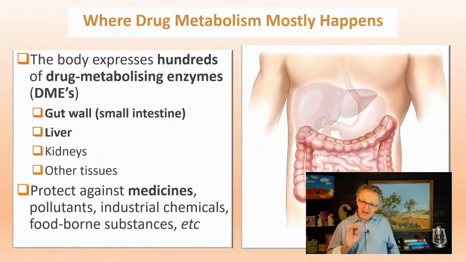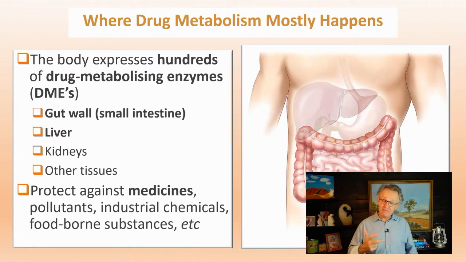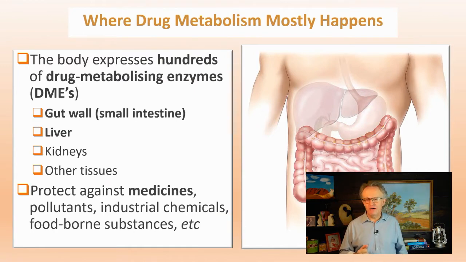But also some of the other tissues of the body have some capability to metabolize foreign substances, including drugs, and that includes the brain, the kidneys in particular, the lungs, a few other tissues as well, but we won't go into that. Really, from a pharmacology perspective, most of the drug metabolism that happens in humans happens in the liver and the gut wall.